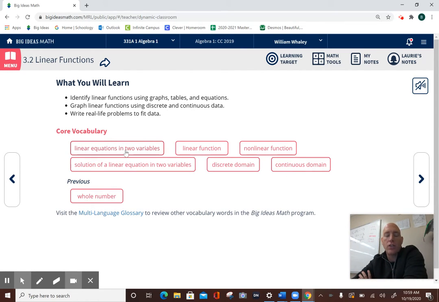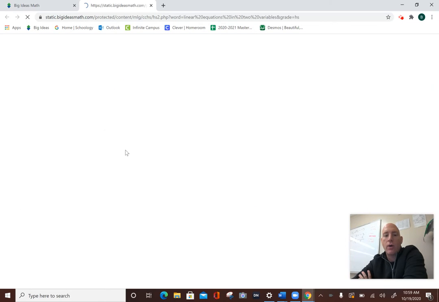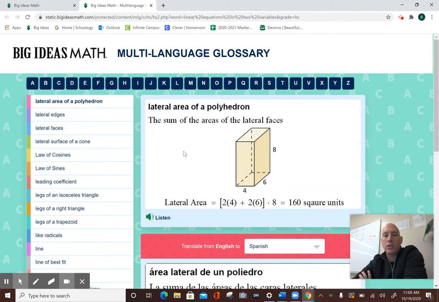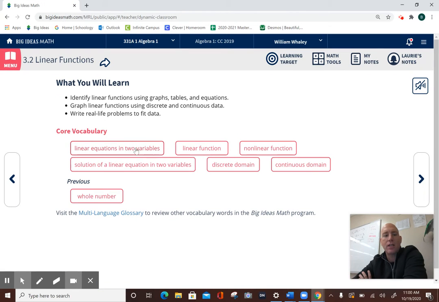So, linear equation in two variables. Any linear equation can be written in a certain form. I'll just tell you a linear equation in two variables. It has a lot of stipulations to it. You cannot have x and y to any power other than 1. You cannot have x or y in the denominator.